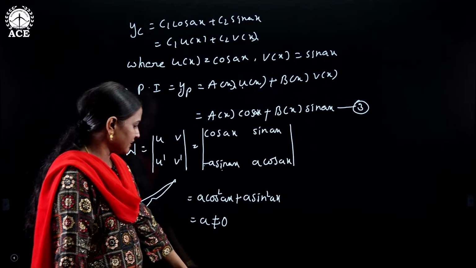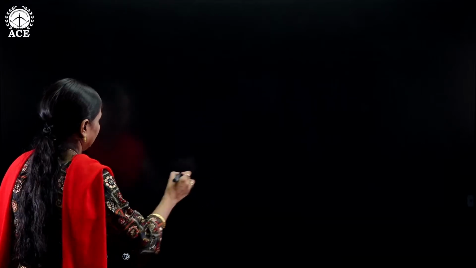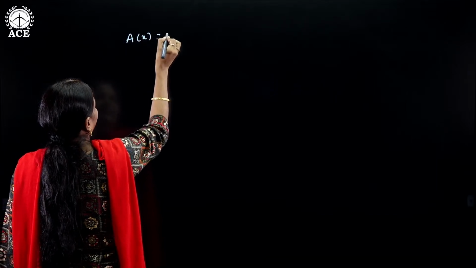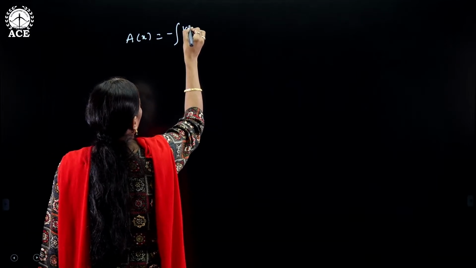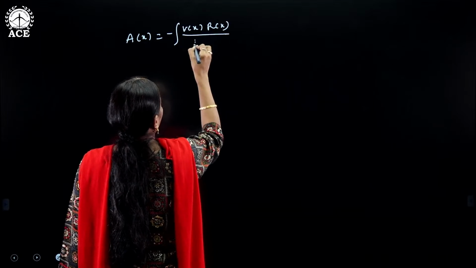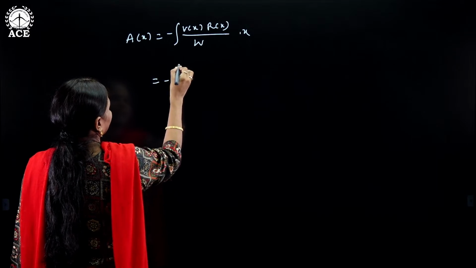After finding the Wronskian, next to find the A and B values. Calculate capital A and capital B. So now here, what is the A of x? A of x is equal to minus integral v of x into r of x by W into dx, which is equal to minus integral.